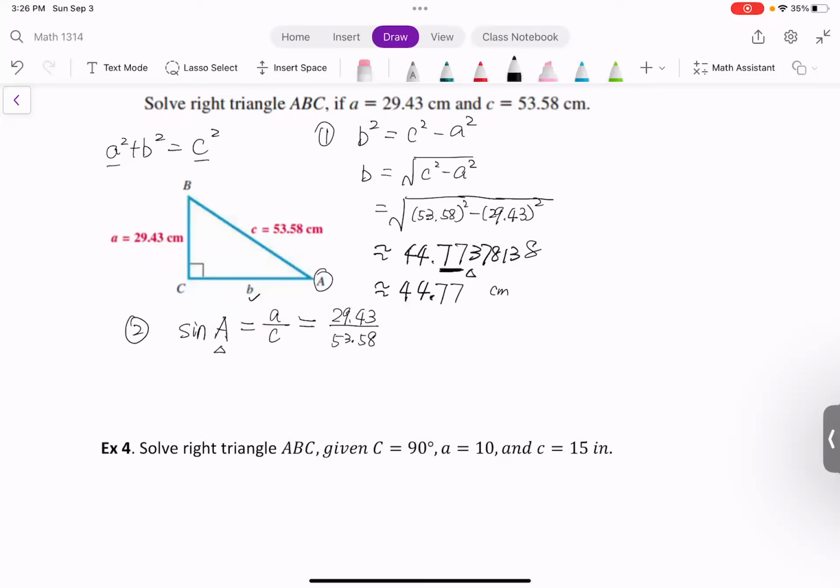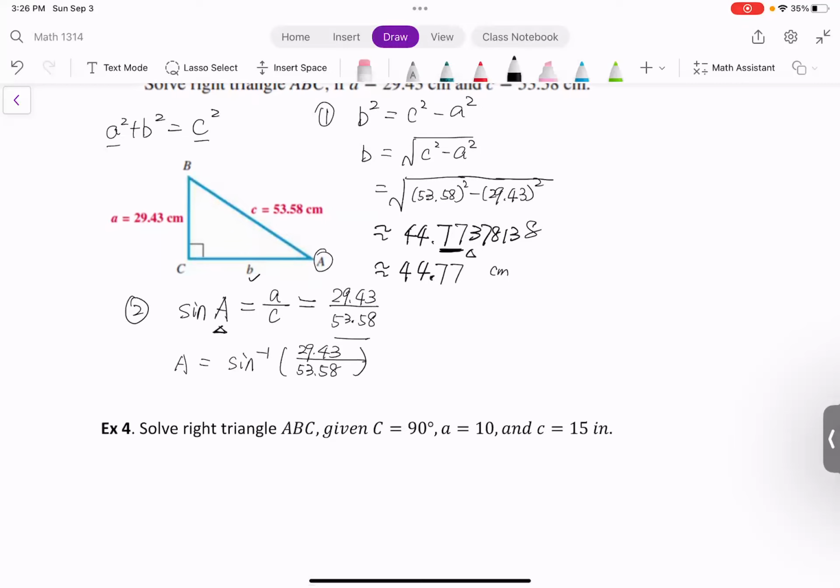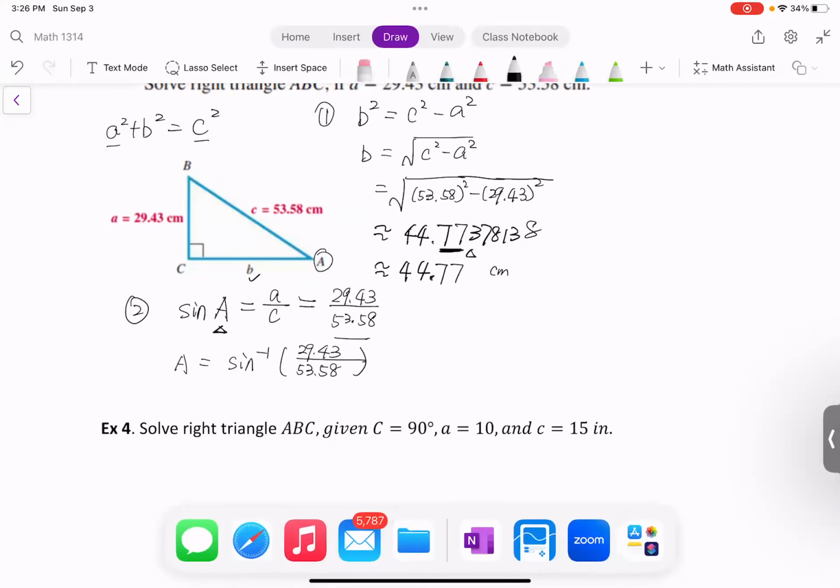We know from last class that if the value of the trig function is given, I can use the inverse function to find A. So switch the position of A and the value here. A equals the inverse sine of 29.43 over 53.58, close the parentheses. And then let the calculator help us do the computations.